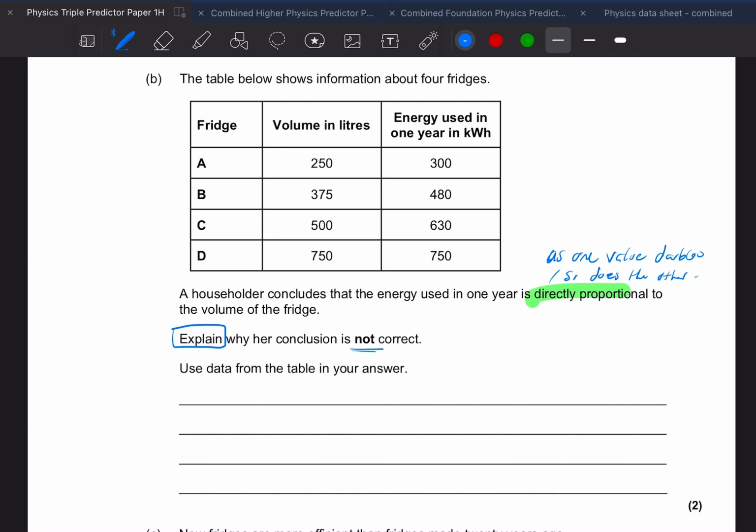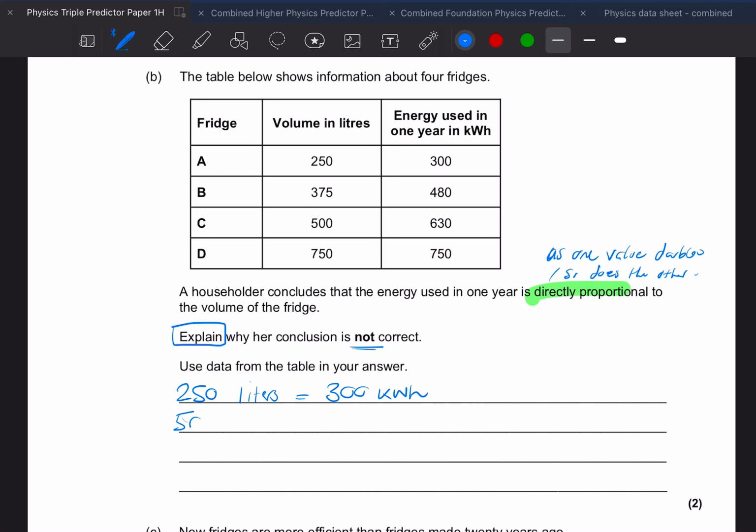So let's have a look. We're looking for these doubles. So we've got 250 litres equals 300 kilowatt hours. If it was directly proportional, doubling that, so 500 litres would be 600 kilowatt hours, but it's not, it's 630 kilowatt hours.